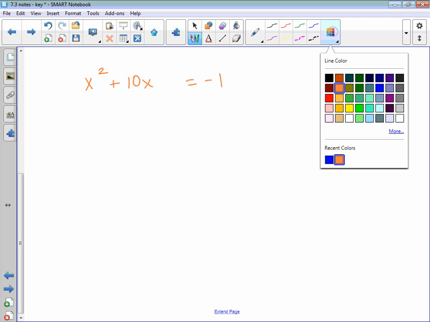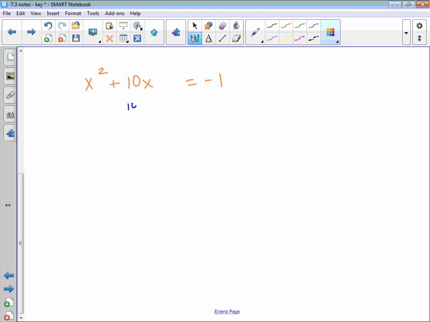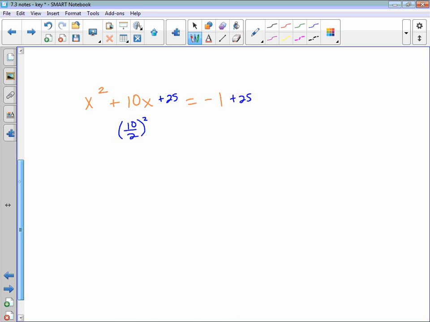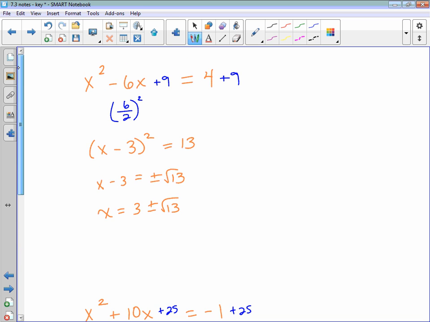Alright. So, what do I put over 2? And then you square it. So what am I adding to both sides? 25, right? Is that what you said? Do you get why it's 25? Last one, 6/2. Okay. But what did I add to both sides?